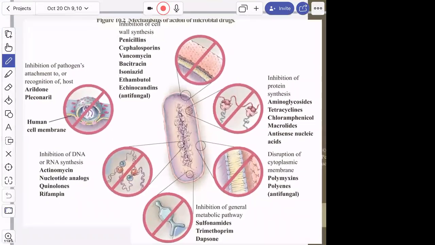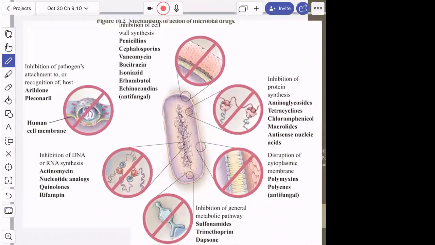So what sorts of ways are drugs selectively toxic? Well, this is the graphic from your book. Actually, this is from the 5th edition book. The 6th edition made a few changes in this. When they changed the 6th edition, they didn't give instructors access to all the new graphics in this chapter.